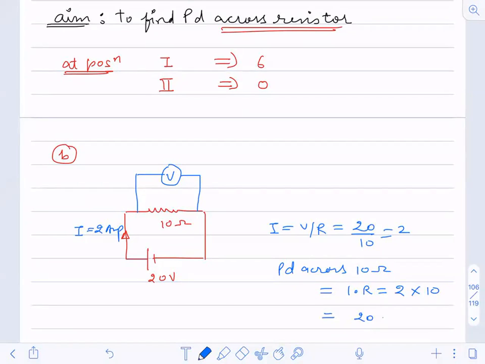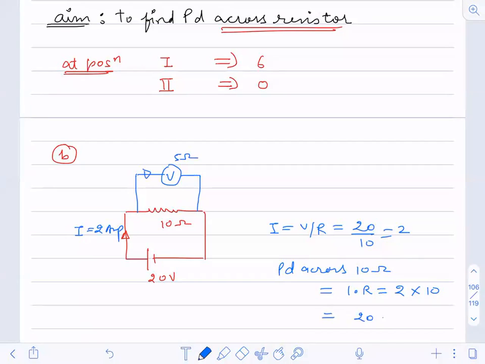It doesn't matter what the value of its resistance is, but it will have some. I'm assuming it has a resistance of 5 ohm. Now what will happen?